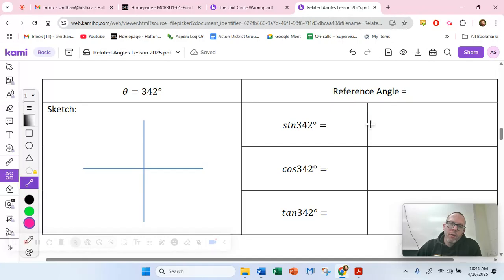342. Where's 342? Well, that's between 270 and 360. Okay, so we're in between, maybe around here.